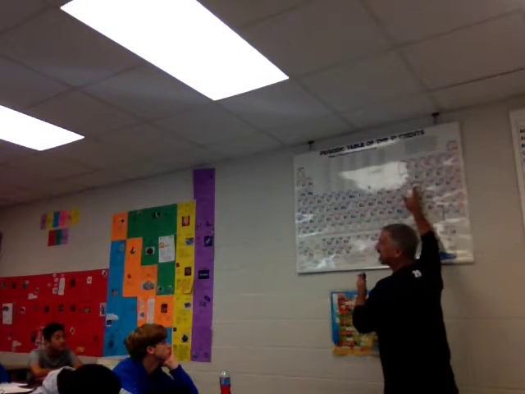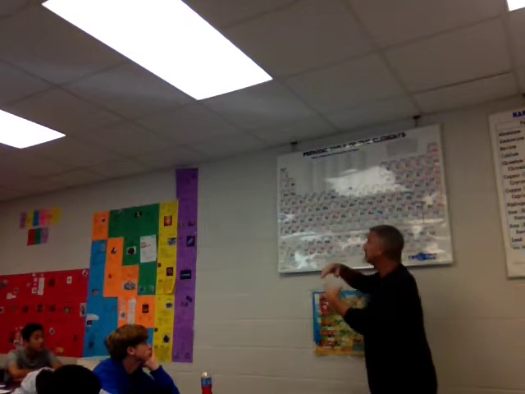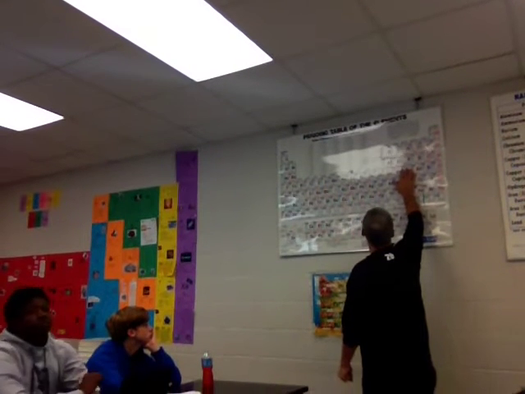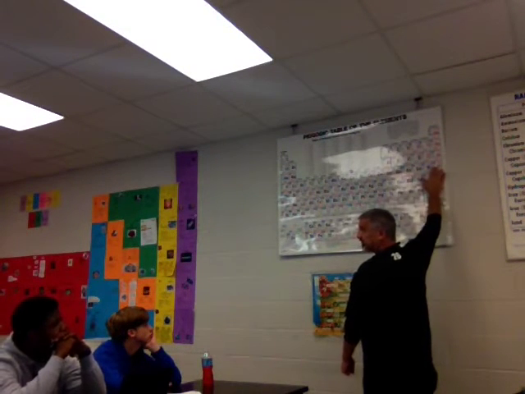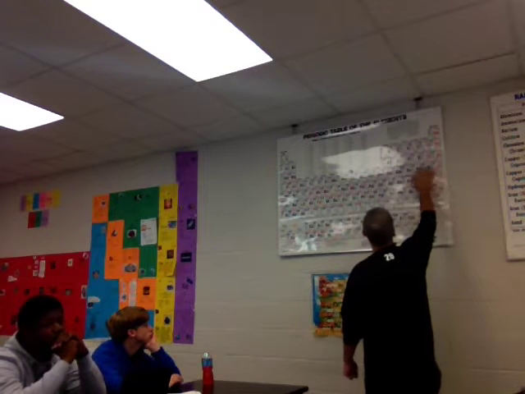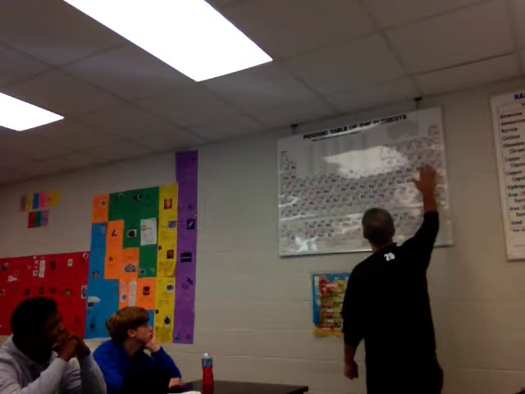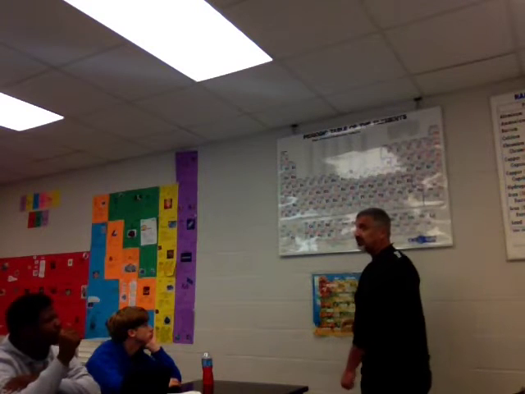Okay, but now once you get to that point, they're really going to want to share more than lose because they're losing too many. But nitrogen, they're going to want to do what? Gain 3 to become like a noble gas. So what's the charge going to be? Minus 3. Whereas the oxygen family are going to want to gain 2, minus 2, and these are all going to want to be minus 1. The halogens are all minus 1.